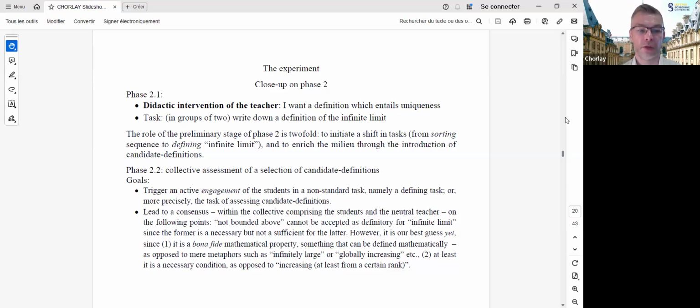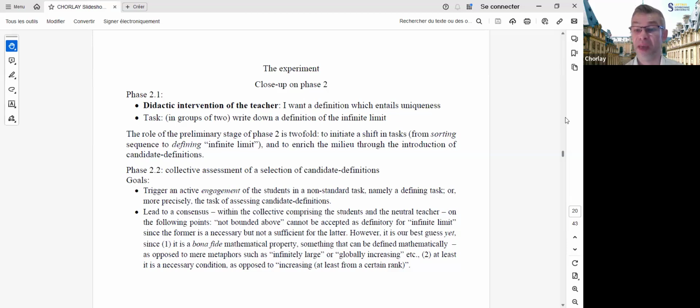So the goals are to trigger an active engagement of the students in a very non-standard task, namely a defining task, or more precisely, the task of assessing and hopefully rejecting, because none of them will be correct, candidate definitions, and also to lead to a consensus within the collective comprising the students and the neutral teacher on the following points. Not bounded above cannot be accepted as definitory for infinite limits, since the former is a necessary but not sufficient condition for the latter.